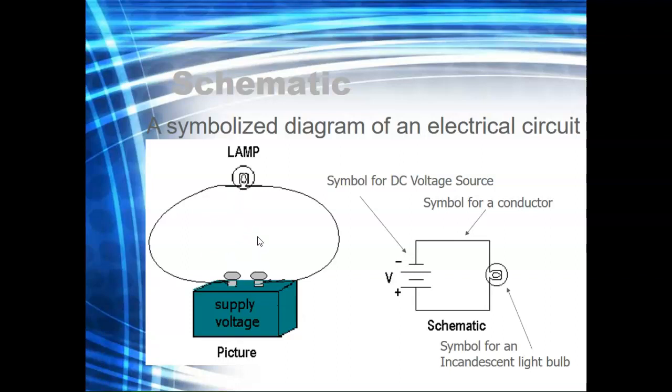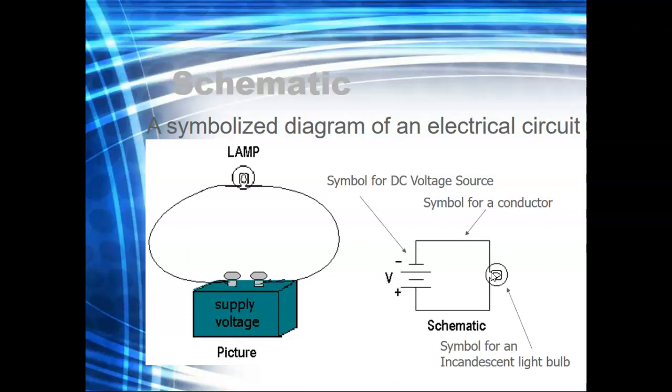So this one is a drawn out version. This one is a schematic. So you have the voltage supply for both. And by the way, this is the symbol for a DC voltage source. Okay? So the way we show a DC voltage source, for the negative side, we have the little short line. For the positive side, we have the long line.